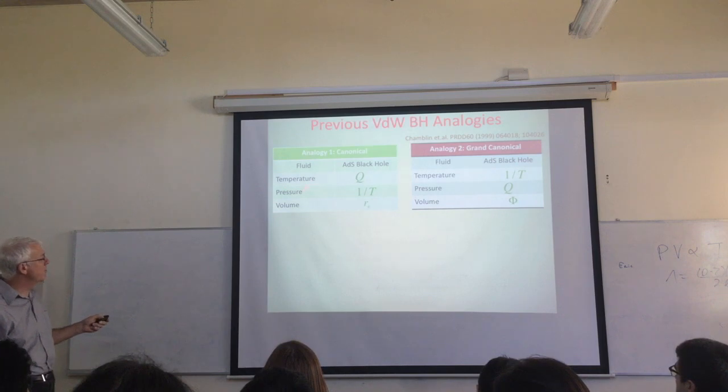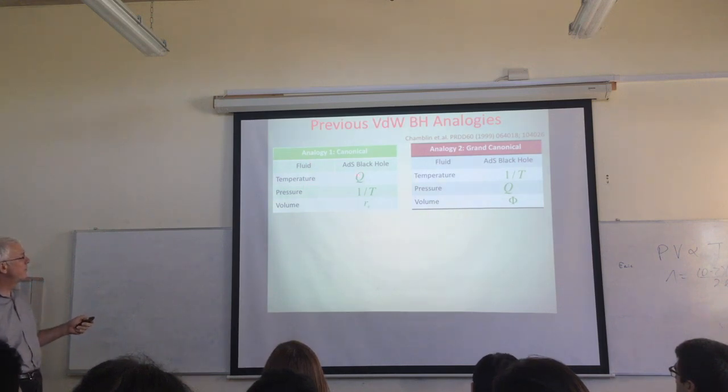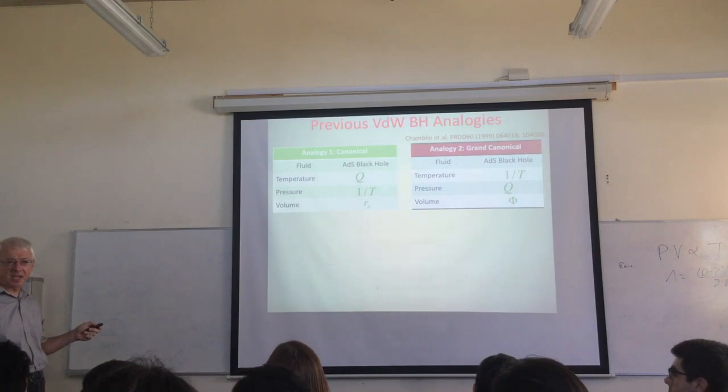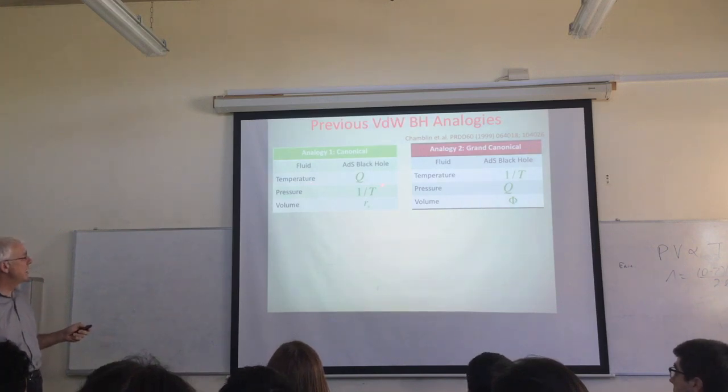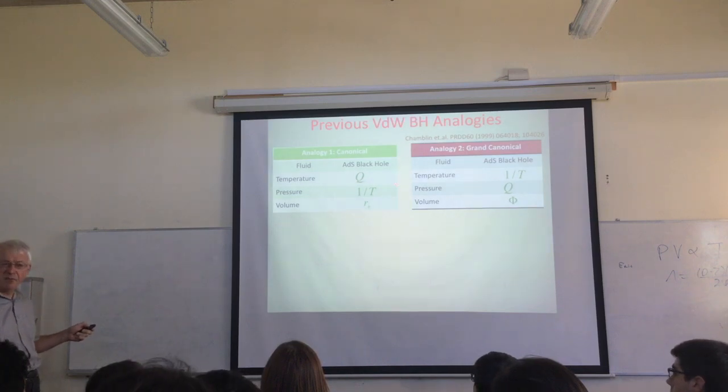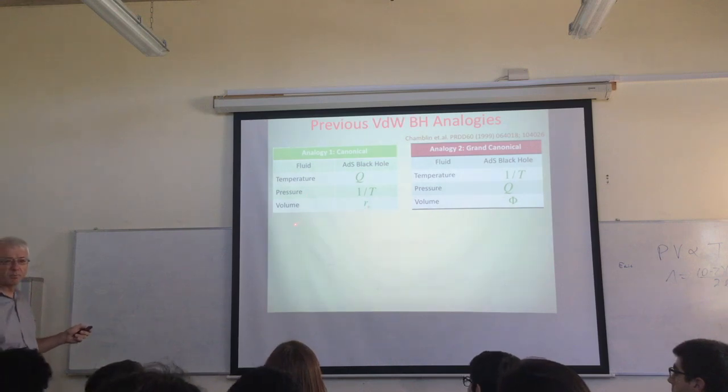One was by this comparison, that for the AdS black hole, its charge in fluid language should be the temperature. Its temperature, or rather inverse temperature in AdS language, would be fluid pressure, and r plus would still be the volume.